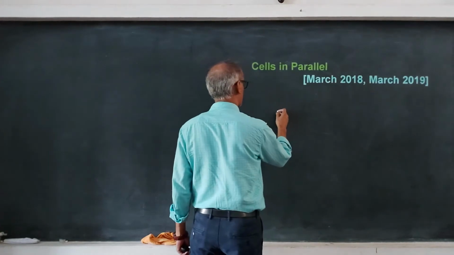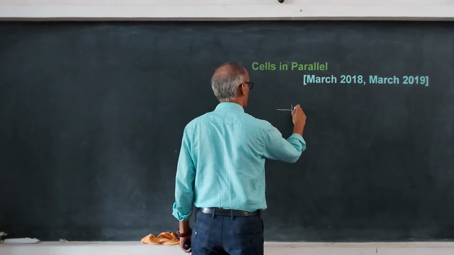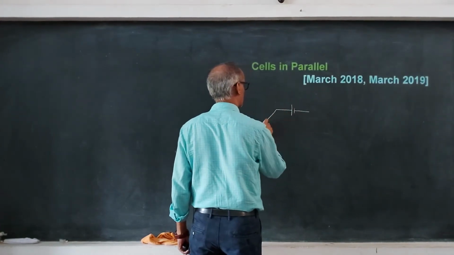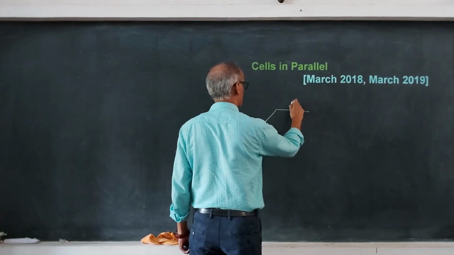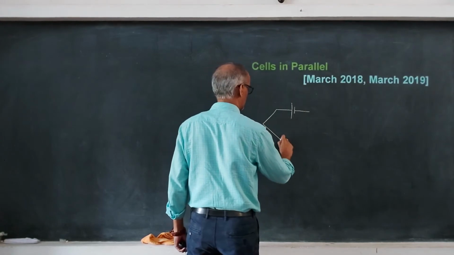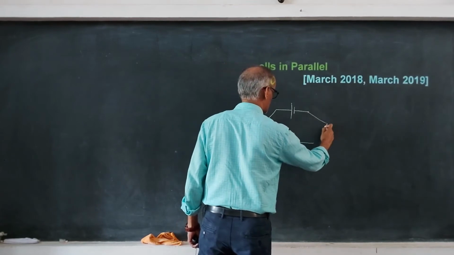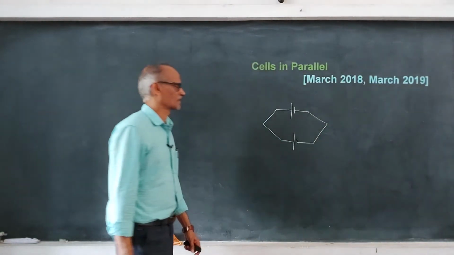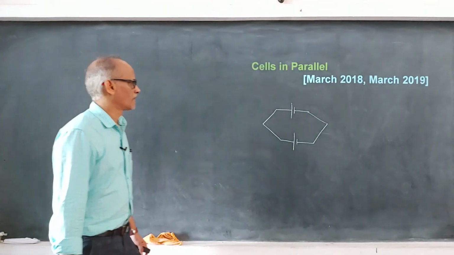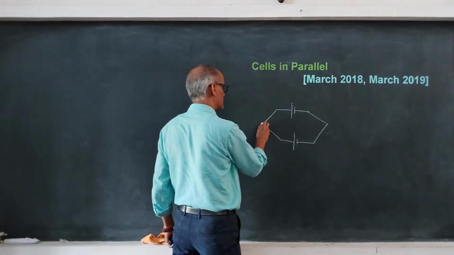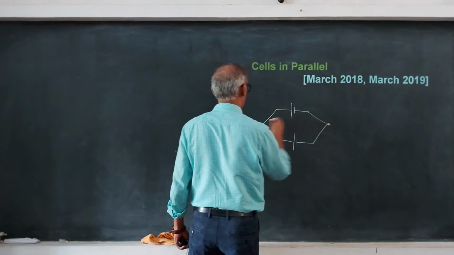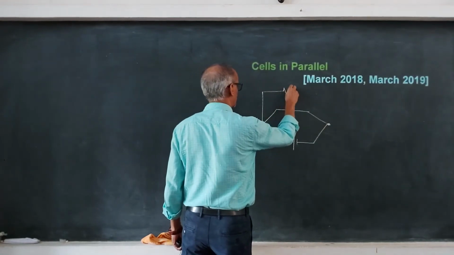Whenever the cells are in parallel, we connect the positive terminals of the cells together and the negative terminals of the cells together like this. And then from these points an external resistance is connected, capital R.